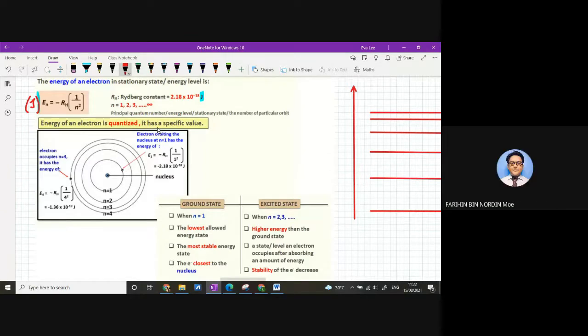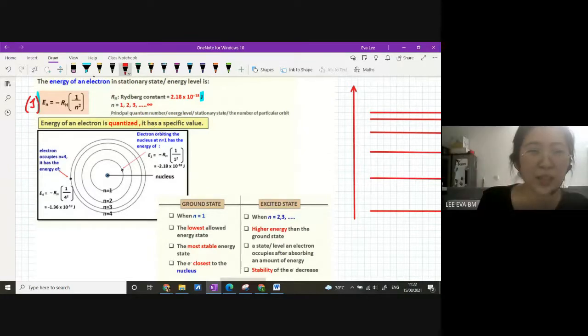Yes, Madam. Okay, so for this diagram, you can see inside the center is our nucleus. We know that the nucleus is positively charged, so it will attract your electron. Over here you can see n equals 1, n equals 2, n equals 3, n equals 4, which represent the energy level.